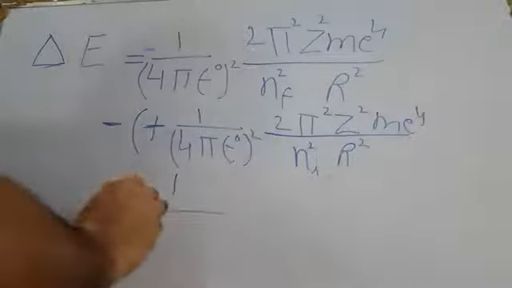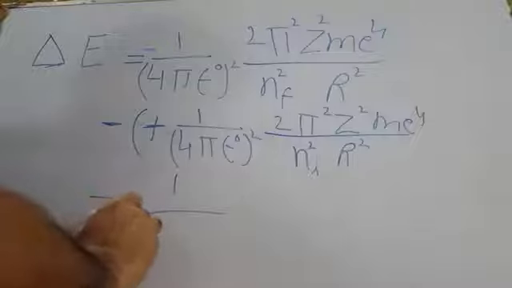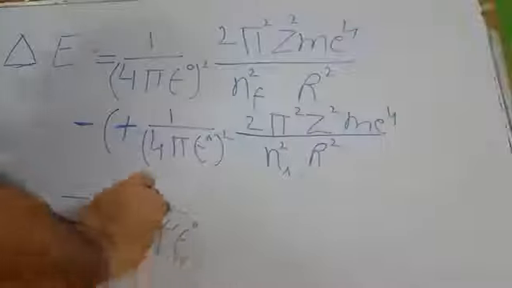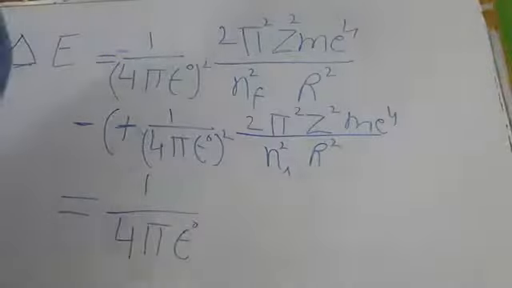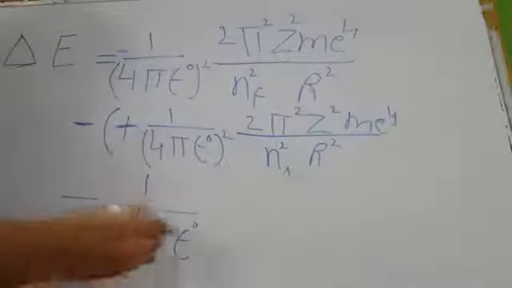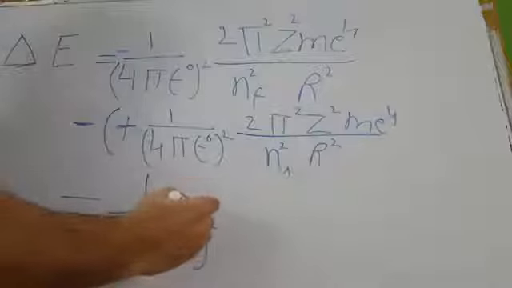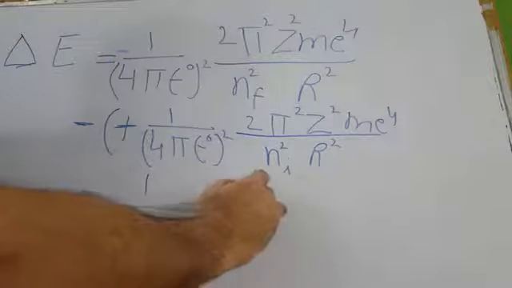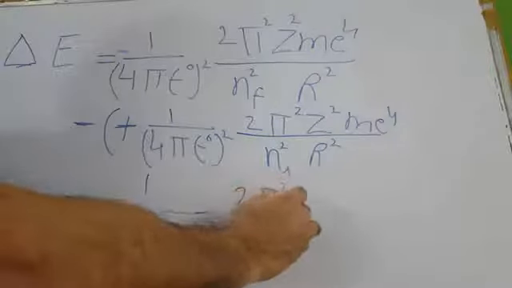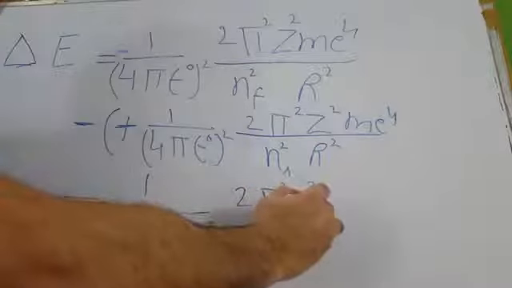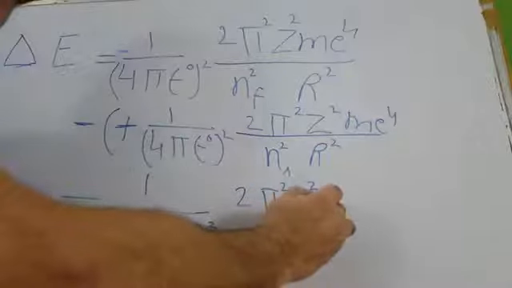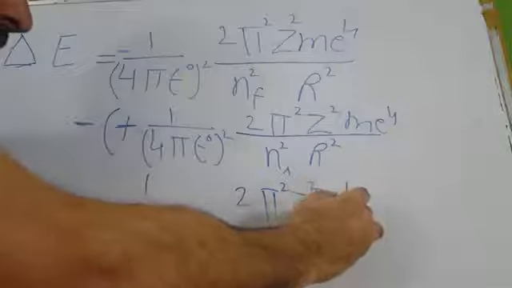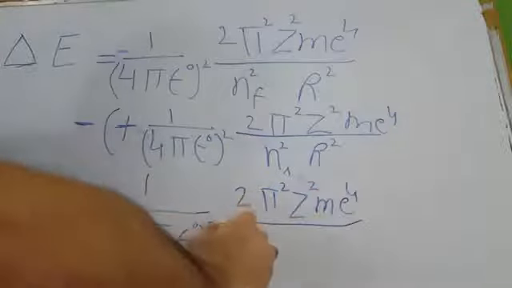1 upon 4 pi epsilon 0 square, and here 2 pi square Z square m e to the power 4 upon h square.